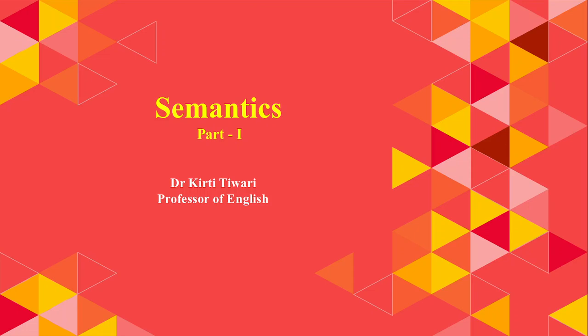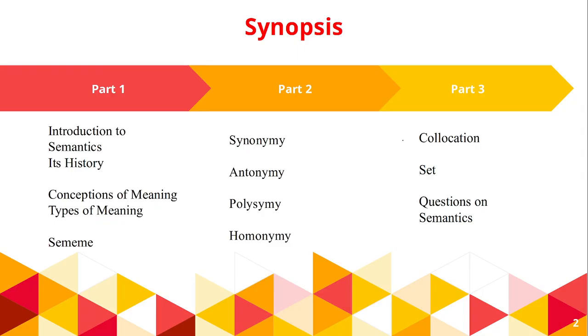Here is a lecture of mine on a very interesting topic, semantics. I have divided my lecture into three parts. The first part is an introduction to semantics, giving its history in brief, and then dealing with the conceptions of meaning and types of meaning, followed by understanding the concept of sememe.